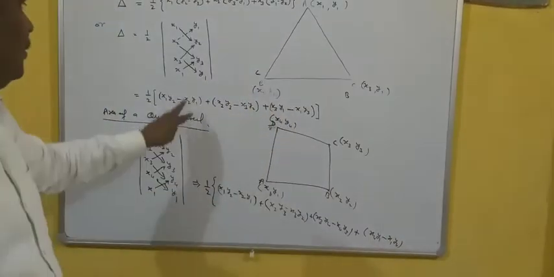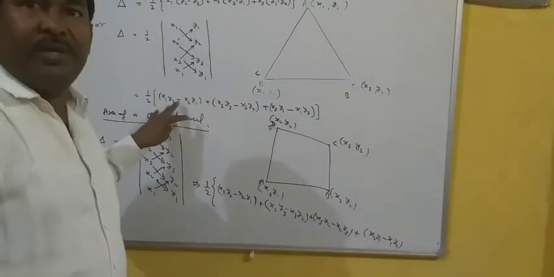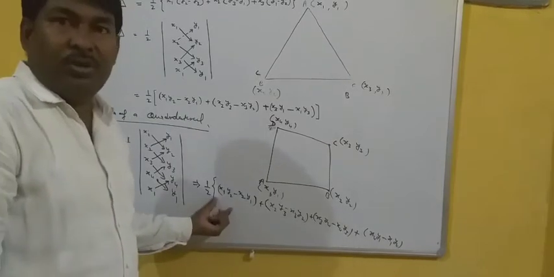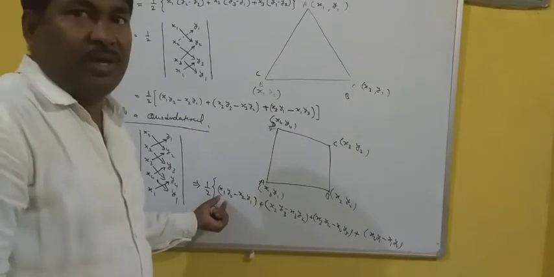So this is the formula to calculate the area of a triangle. This is the formula to calculate the area of a quadrilateral.